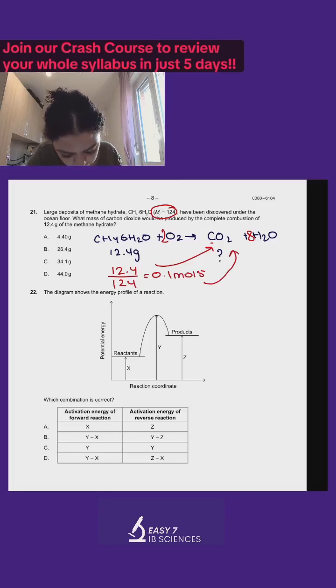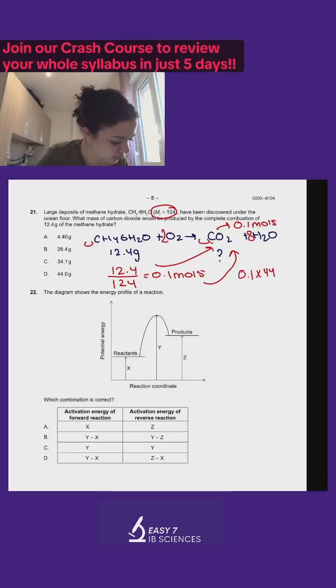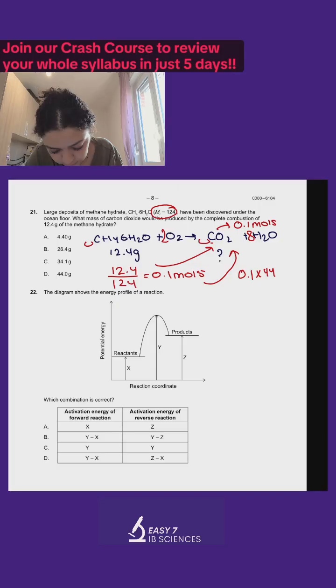Applying that ratio with the moles of carbon dioxide, because it's a 1-to-1 ratio, I can say 0.1 moles of carbon dioxide were produced. Therefore, I just do 0.1 moles times the molar mass, which should give me 440. So the answer is A.